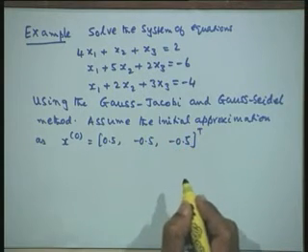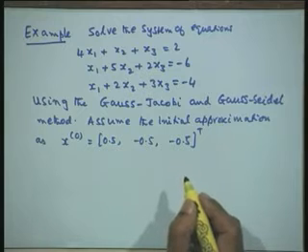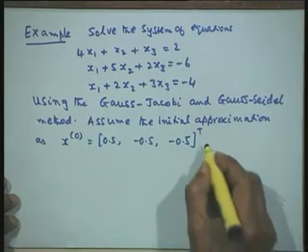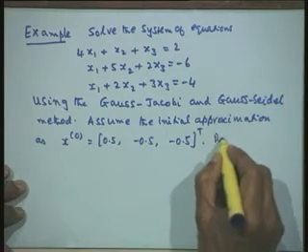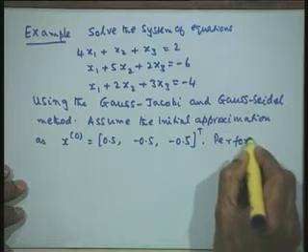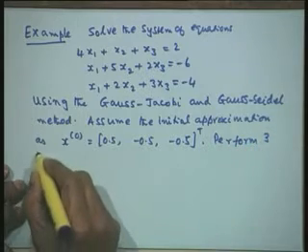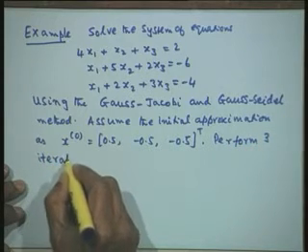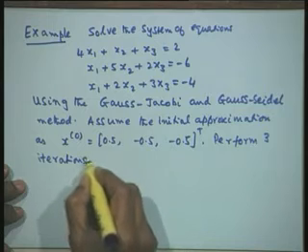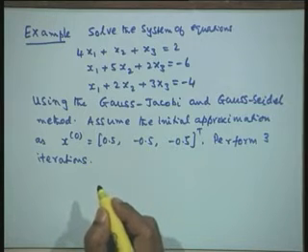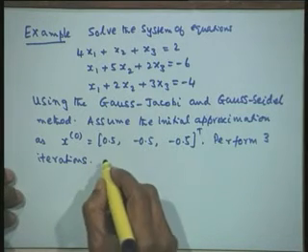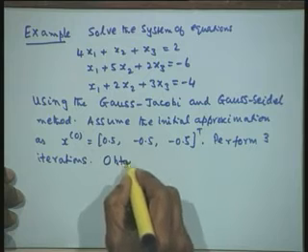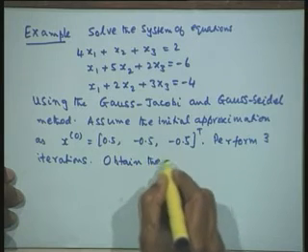So, we are giving the initial solution vector as 0.5, minus 0.5 and minus 0.5. Let us for the moment perform 3 iterations, and also let us obtain the iteration matrices.